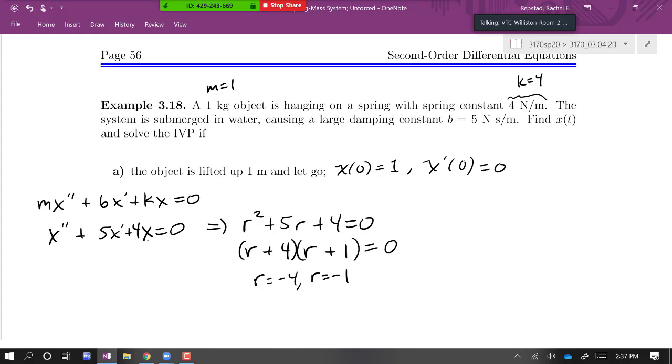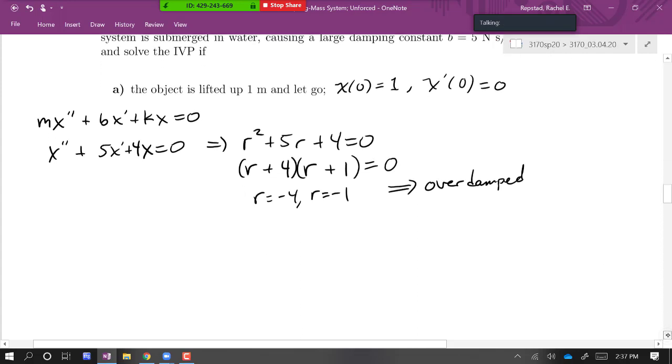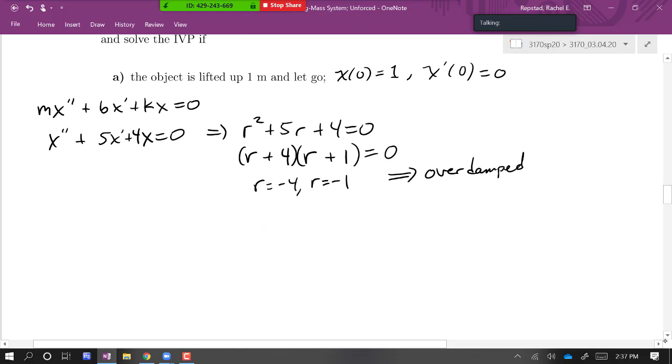So we have 2 distinct real roots. That means that this is overdamped. And our solution is going to look like this: some constant C1 e to the -4t plus C2 e to the -t.